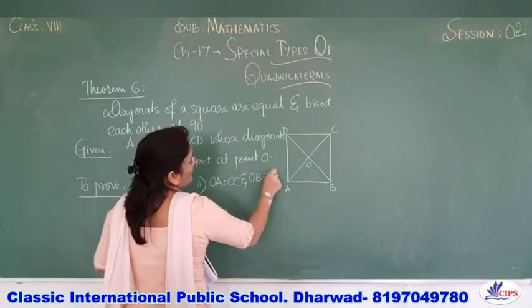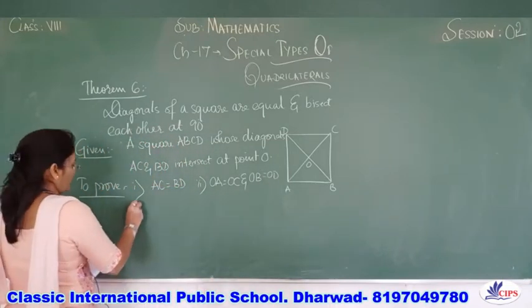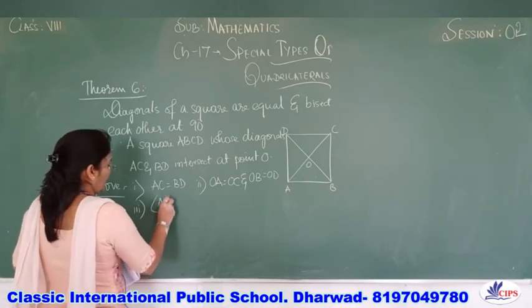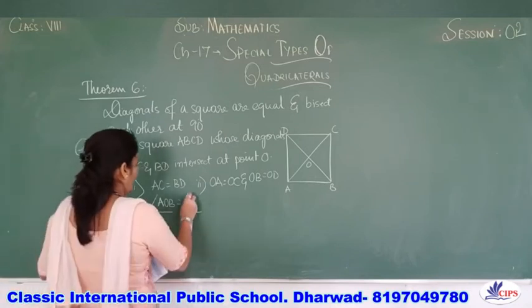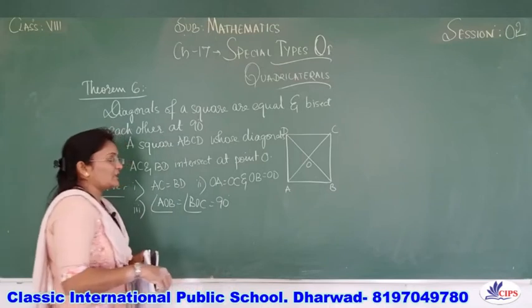We have proved all these in the rhombus and rectangle. Next, third one, angle AOB is equal to angle BOC is equal to 90 degrees. Even this we have proved in the rhombus, isn't it?